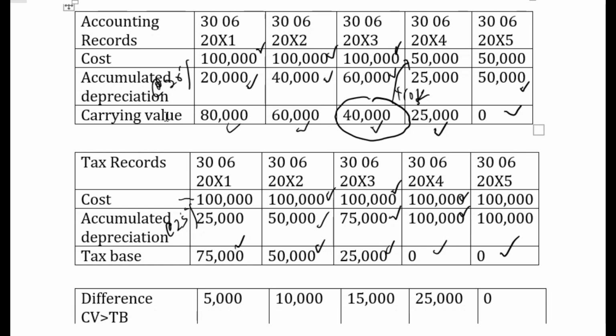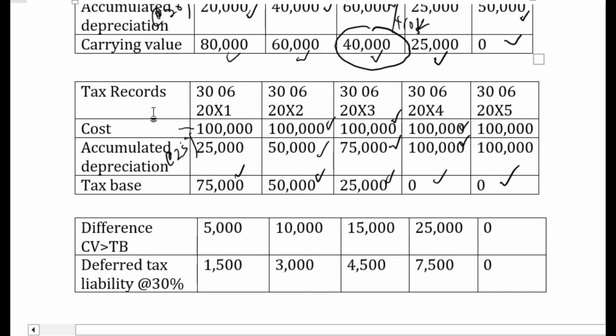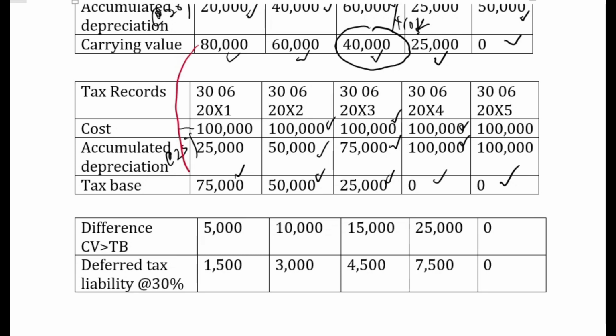When we compare the carrying value and the tax base, we can say that the carrying value is higher in the first year by $5,000. So it becomes a taxable difference.